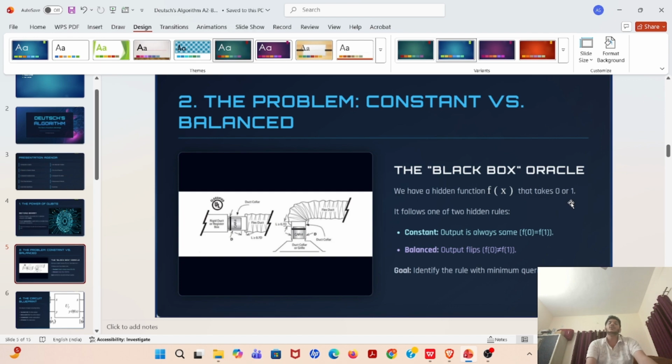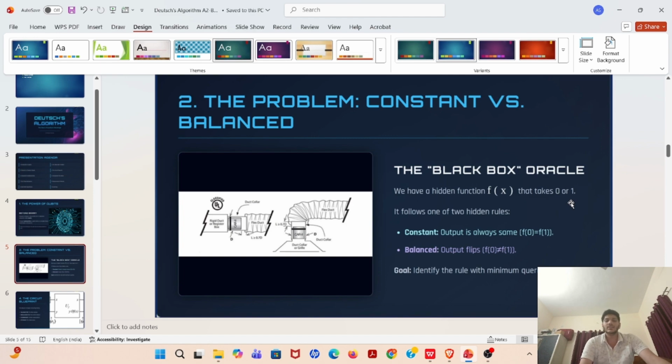In constant, the output is always the same. If you give 0 as input, the output will be 0, and if you give 1 as input, the output will be 1. So the output is always the same: f(0) equals f(1).